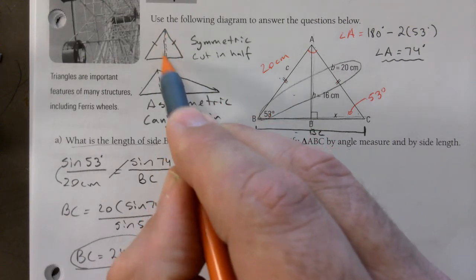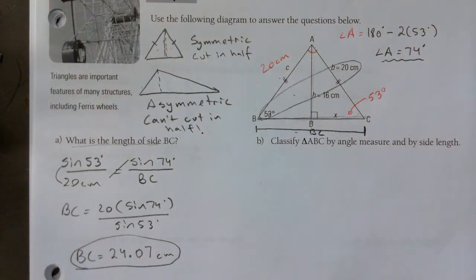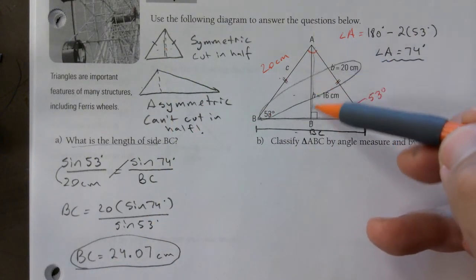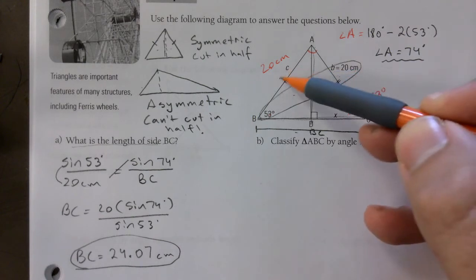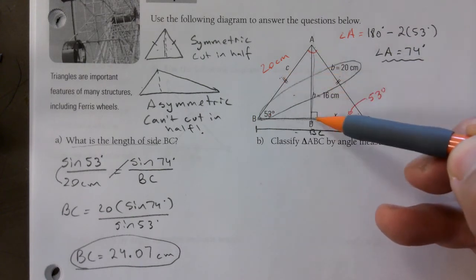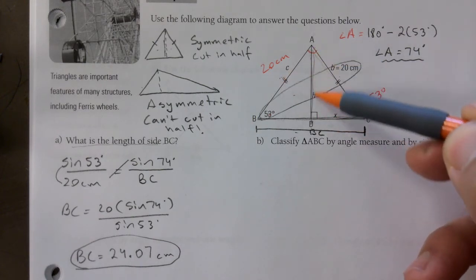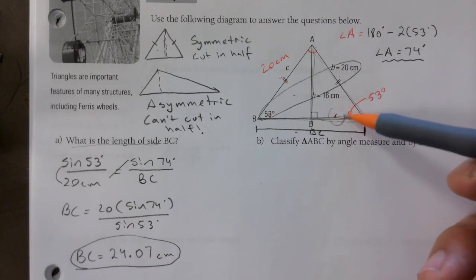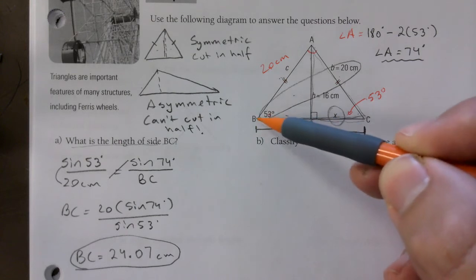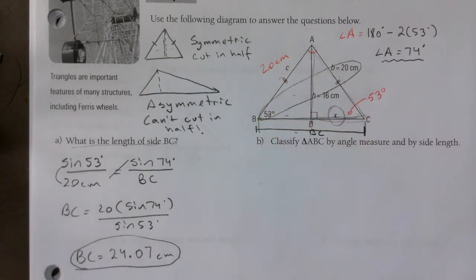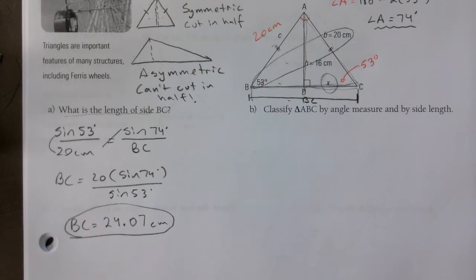Make sure you cut it in half, then you're fine. So this one, yes, you could cut it in half because we know that these 2 sides are the same. If you use this right triangle and find x using Pythagorean theorem, you can multiply that by 2 to get the whole length across. So yes, and I think you get exactly 24 if you do that. So that's okay if you're off by a little bit.